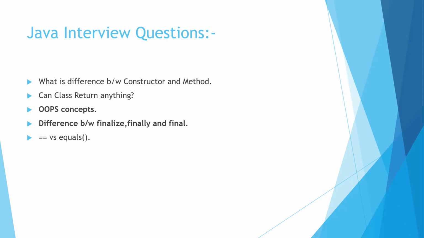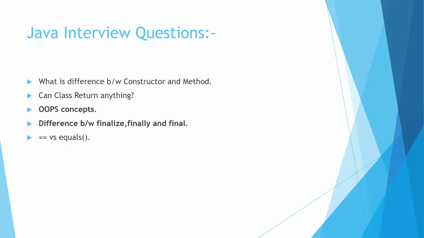This OOPS concept is very important. The four concepts: polymorphism, abstraction, encapsulation, and inheritance. I'm not able to remember the last one, but you can check it on Google. The difference between finalize, finally, and final is also a very important question.